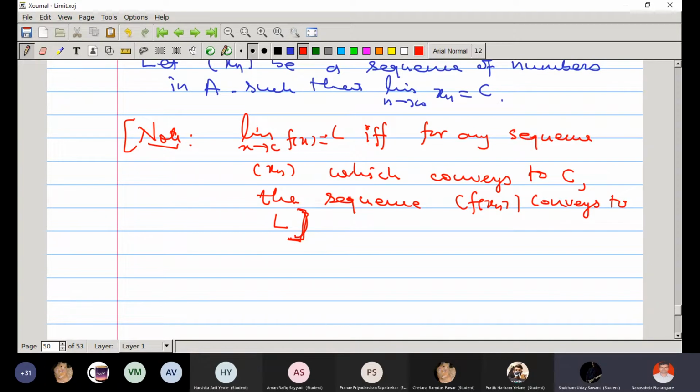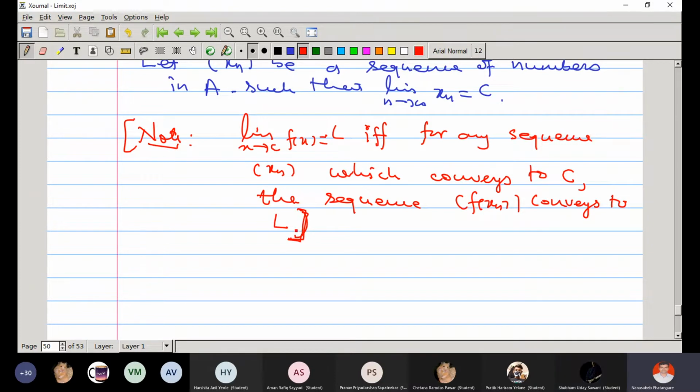But sir, how can we prove that the limit as x tends to c of f(x) is equal to L? Because one sequence is not enough. The limit of a function at c is L if and only if, whenever you choose a sequence in the domain which converges to c, f(x_n) converges to L. This theorem we have already discussed. Yes, sir.